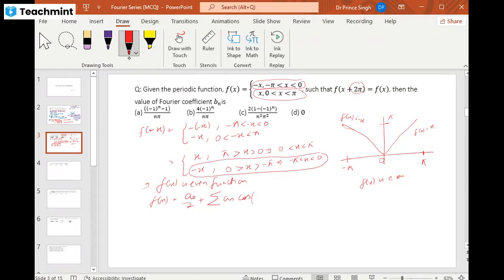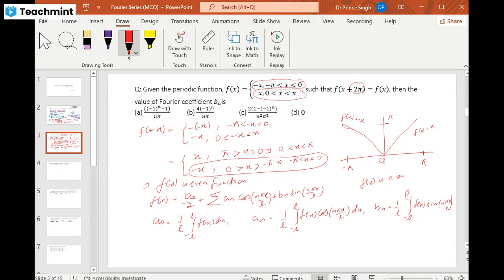Here the formula of a naught is 1 upon L integral minus L to L f of x dx, and the formula of an is 1 upon L integral minus L to L f of x into cos of n pi x upon L dx, and the formula for Bn is 1 upon L integral minus L to L f of x into sine of n pi x upon L dx, right?